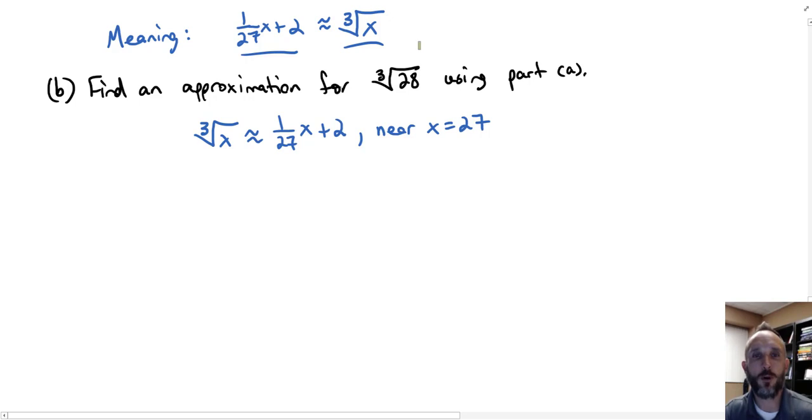So for our purposes, we will say that 28 is near x equals 27.